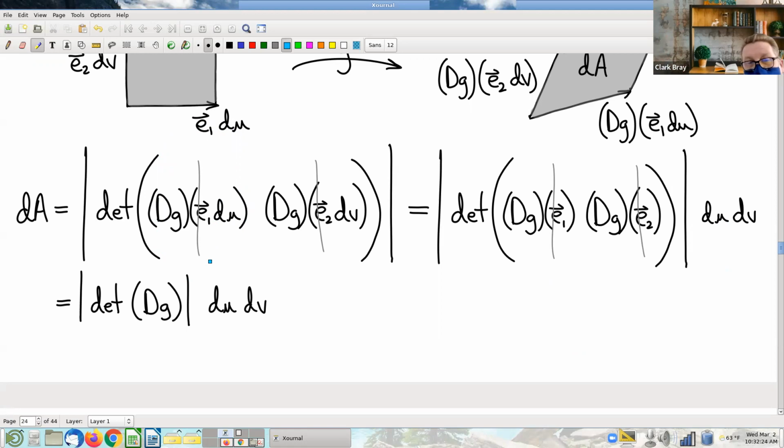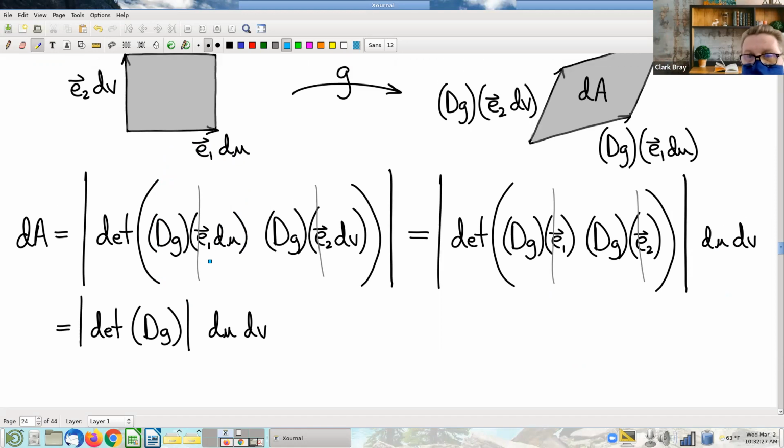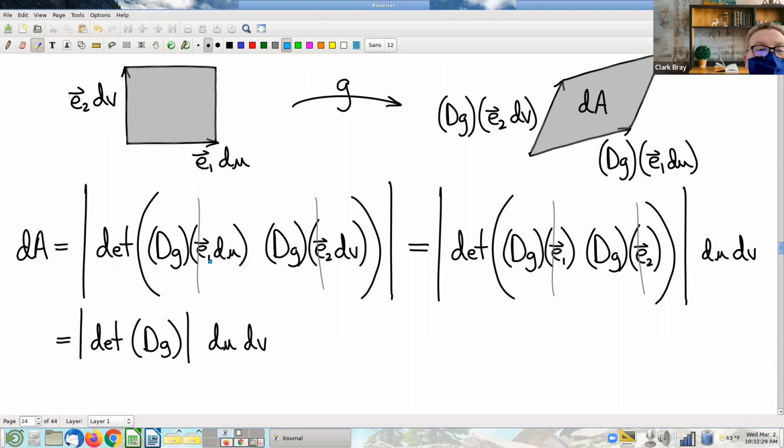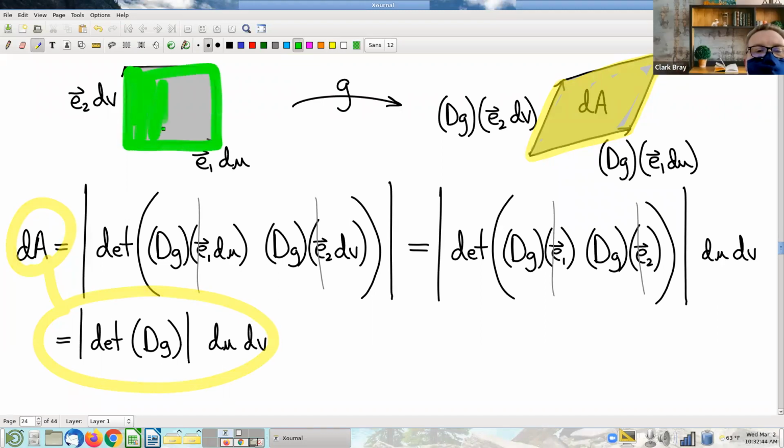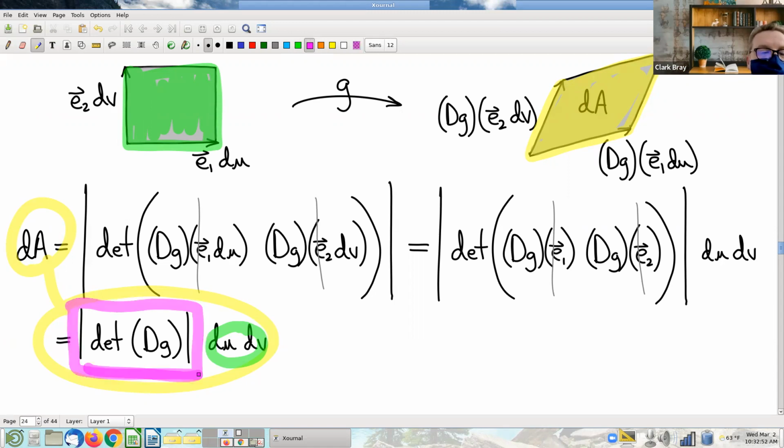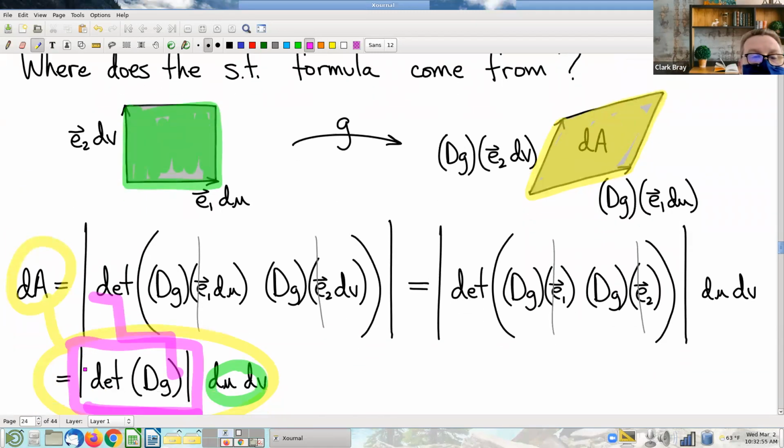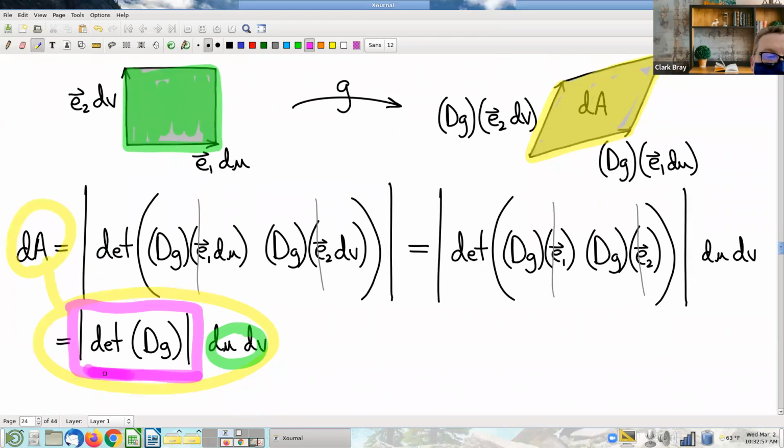Right. Okay. So here's what we've got, and notice it's exactly what we needed. This output area, I computed it, and it is clearly a multiple of this input area, and I can see exactly what that multiple is, and that multiple, that therefore my stretching factor, this stretching factor is the absolute value of the determinant of the derivative.